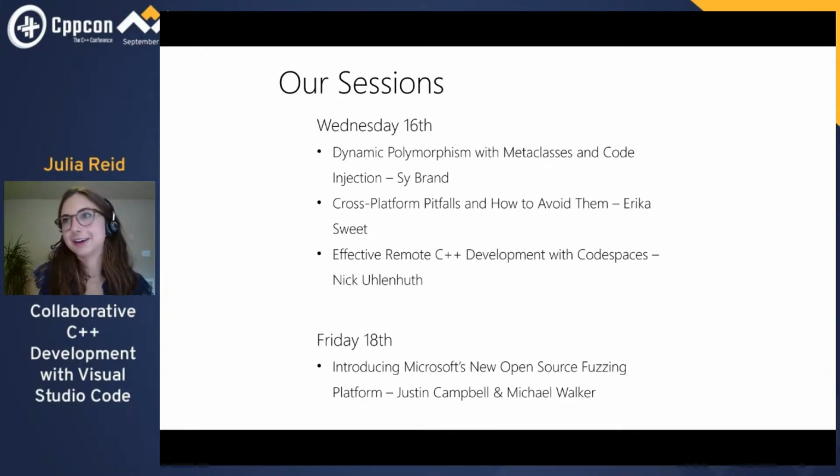You should definitely check out the talk that my colleague Nick will be giving on Wednesday about Codespaces. And another extension I recommend is the CMake extension. What I showed you today is CMake Tools, which has all of the configure, build, and debug support for CMake projects. The CMake extension has language support for CMake files themselves, which just makes it a little bit easier to read and edit those files.